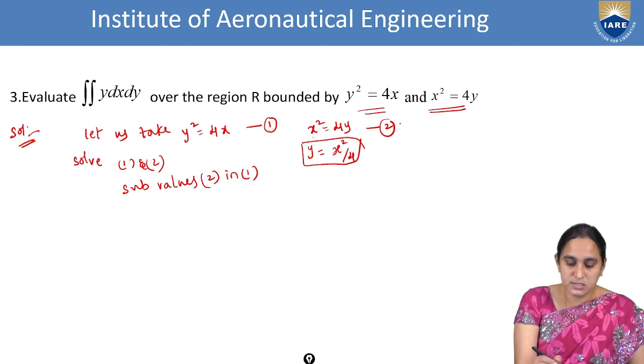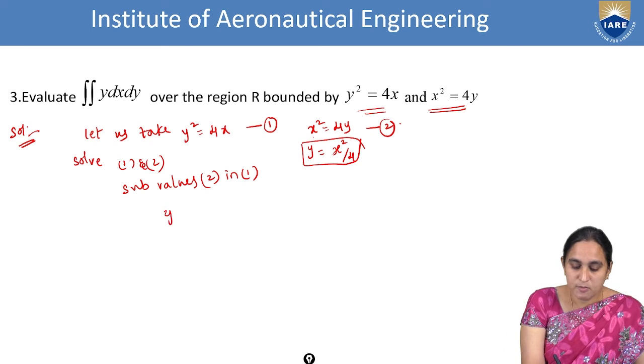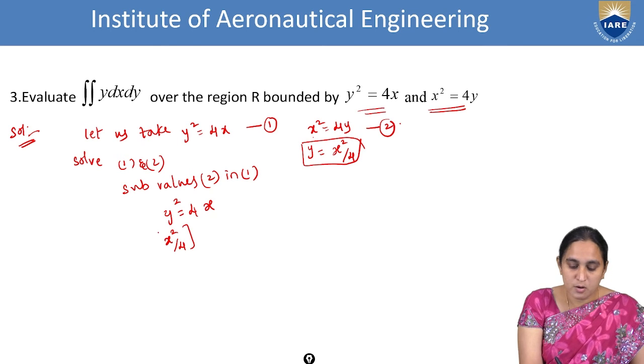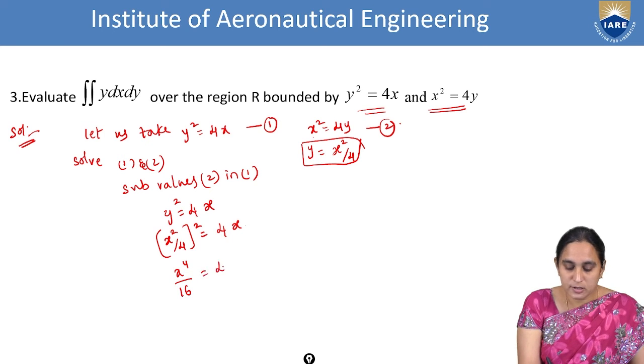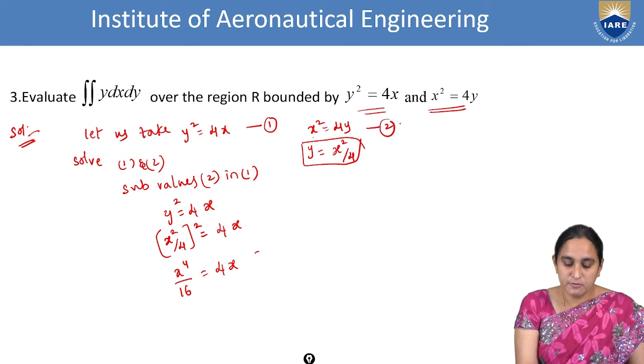Now substitute this in the first equation, y² = 4x: in place of y I substitute (x²/4)² = 4x. From that, x⁴/16 = 4x.